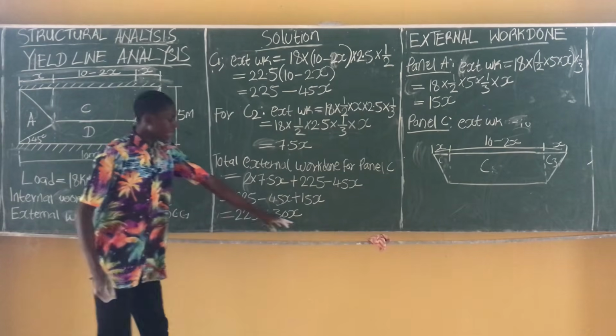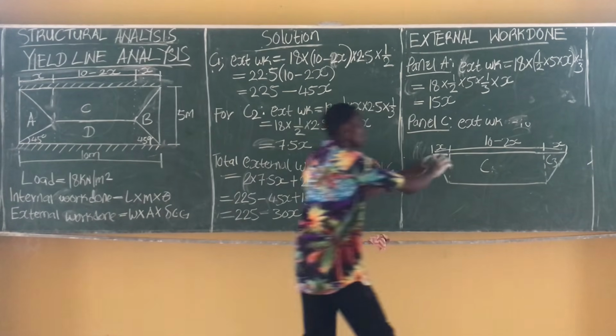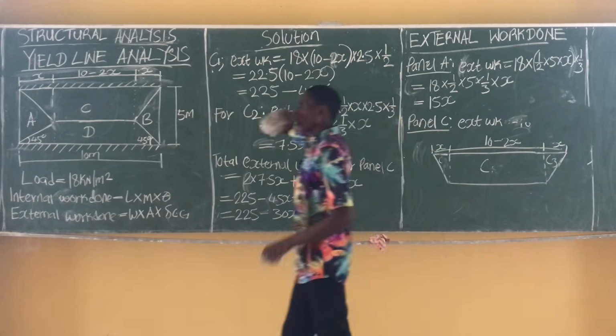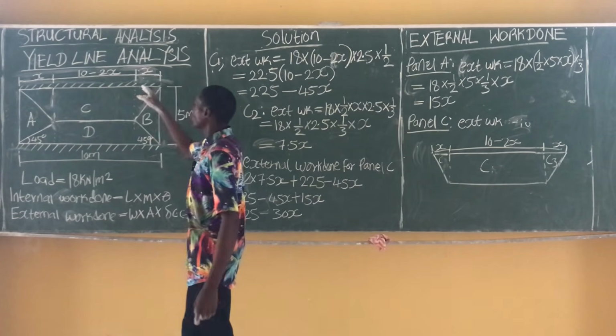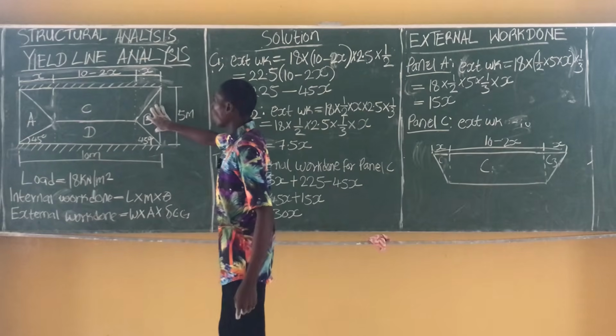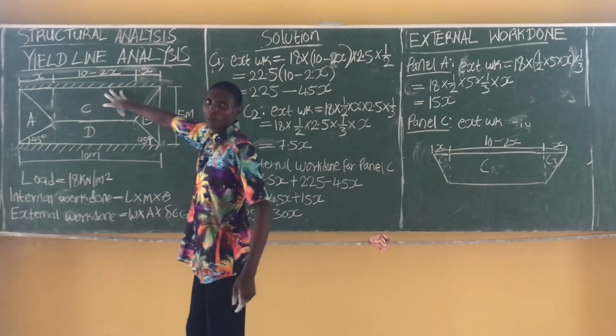Hence, this is the external work done for this segment. So I haven't gotten the external work done for this segment and the external work done for this segment. We know that this segment and this segment are equal. This segment and this segment are equal.